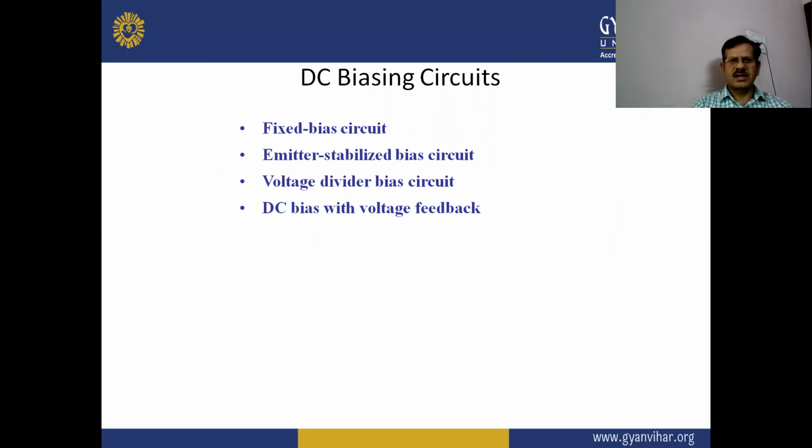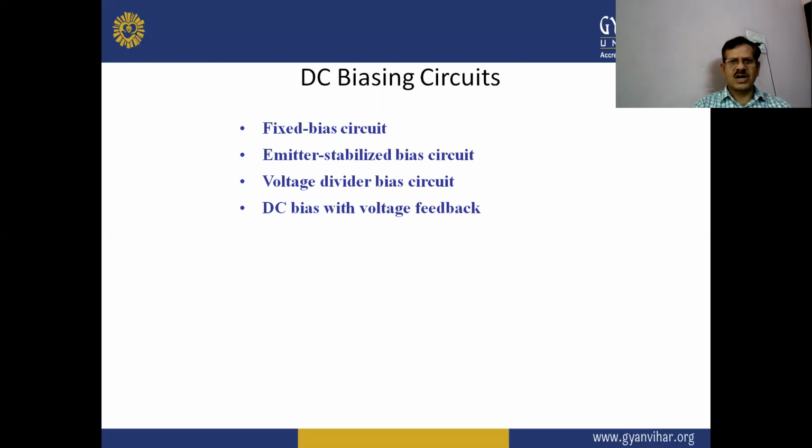So there are different DC biasing circuits. The first is the fixed bias circuit. The second one is the emitter stabilized bias circuit. The third one is the voltage divider bias circuit. And the fourth and last is the DC bias with voltage feedback.